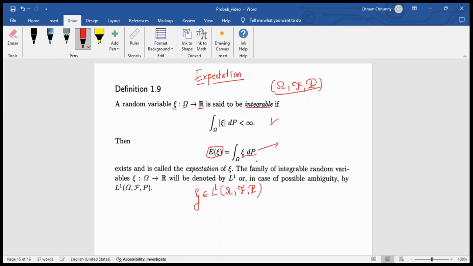But in the case that ψ is an absolutely continuous random variable, for which we know the probability density function, we can also write this formula as the integral from minus infinity to plus infinity of the function multiplied with the PDF. It is a change of measure problem from this to this. I won't talk about it in detail, but I will use these formulas to find the moment generating function.